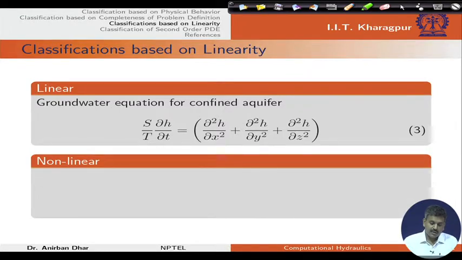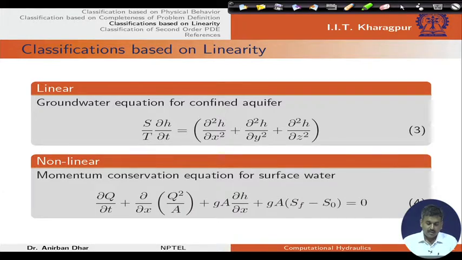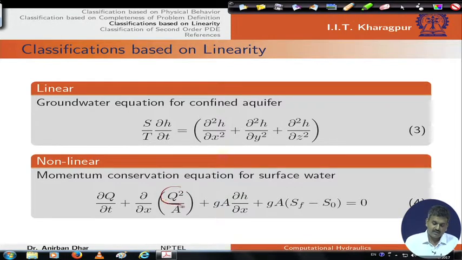Then there can be nonlinear problems, maybe the momentum conservation equation for surface water. In this case we can see that the q square term is there, which is nonlinear in nature. So in this case we can say that the equation is nonlinear.